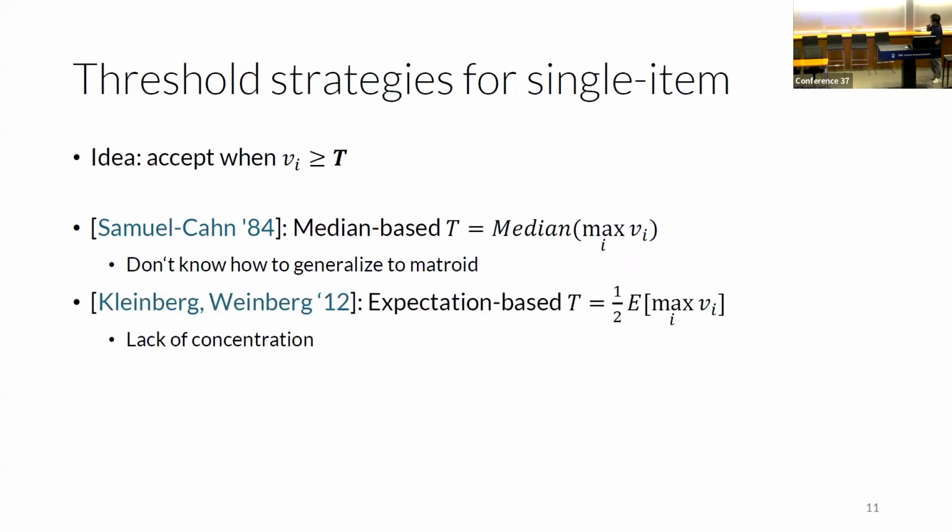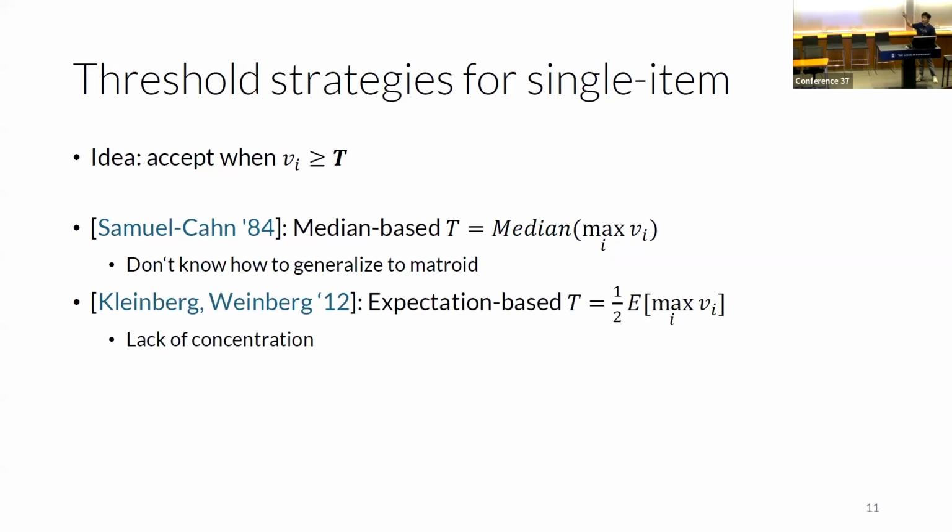Another way to use a threshold strategy is via an expectation-based strategy, which is exactly what Kleinberg and Weinberg did in their Matroid profit inequality. Their method, if applied to the single item case, sets the threshold to half of the expected value of the maximum.